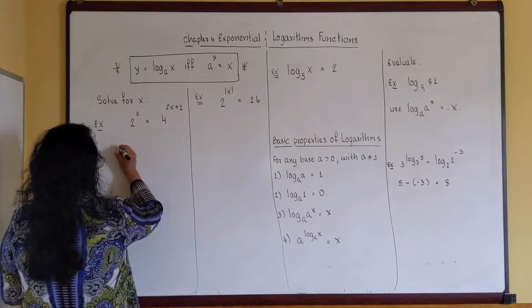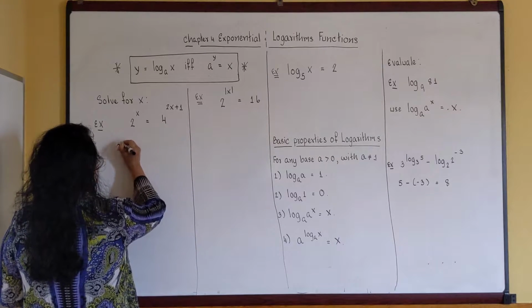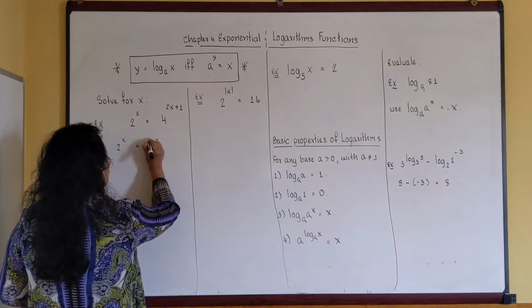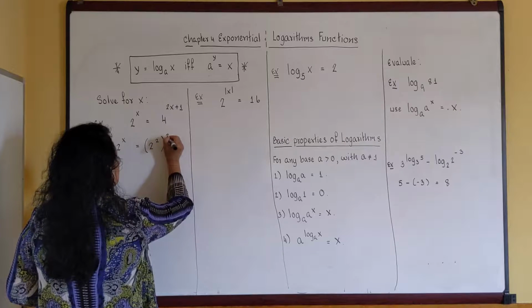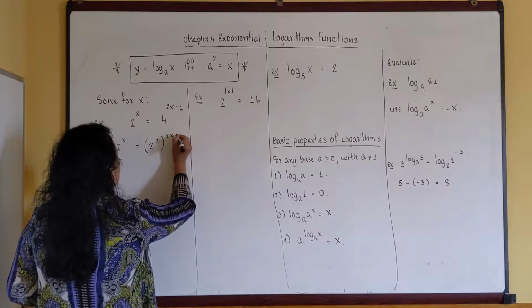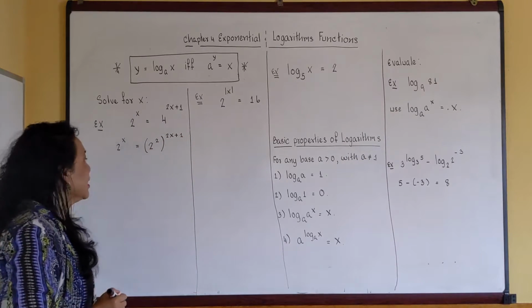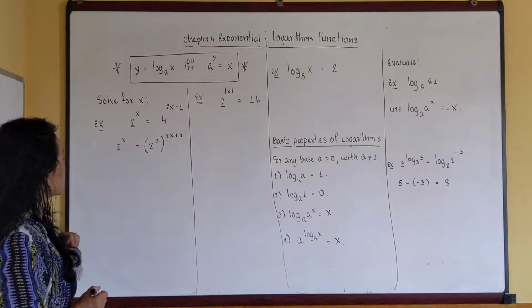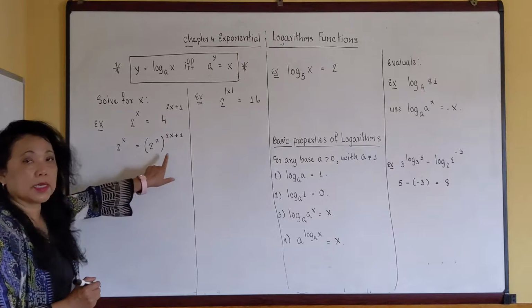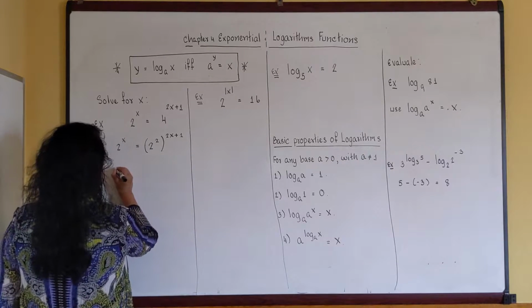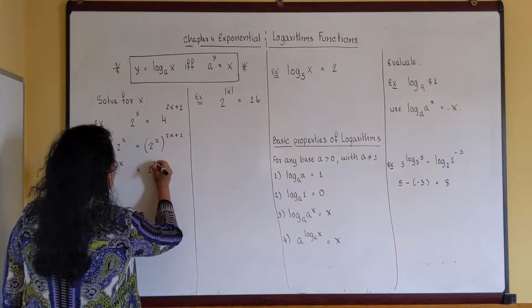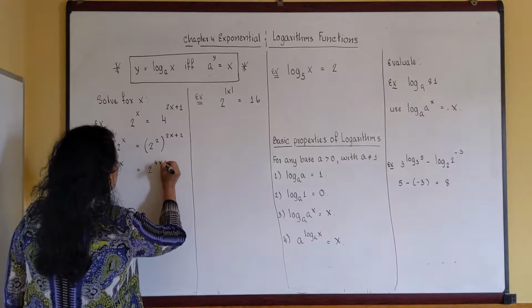I'll write it as 2 to the x equals 2 squared to the 2x plus 1. Now they're the same base, so I will use the exponential property to simplify a little bit. I will have 2 to the x equal to 2 to the 4x plus 2.